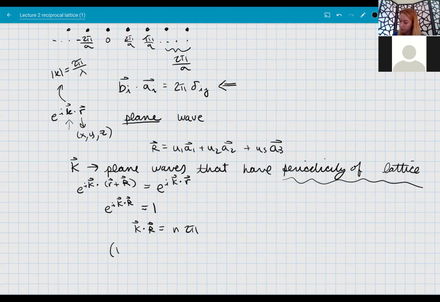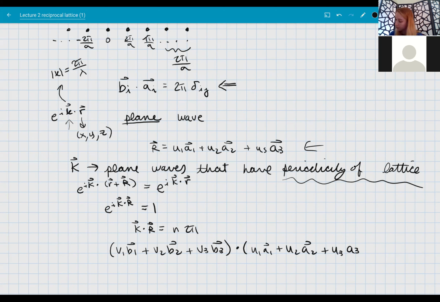So then let's write it as v1 b1 plus v2 b2 plus v3 b3. And then this is going to be dotted with this expression for the direct lattice, so u1 a1 plus u2 a2 plus u3 a3.